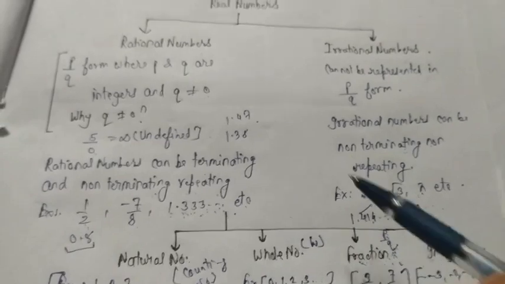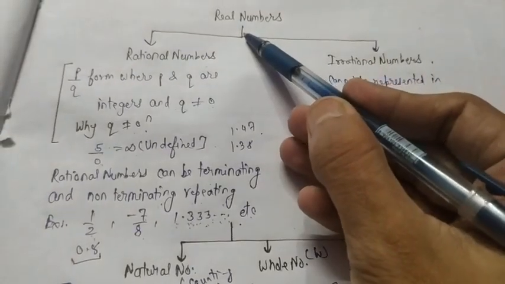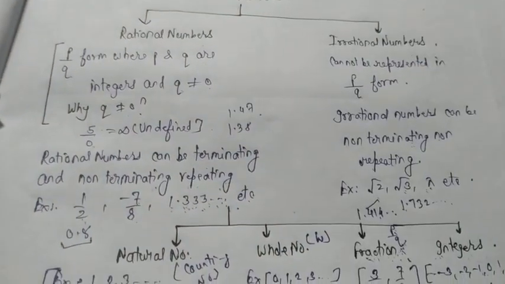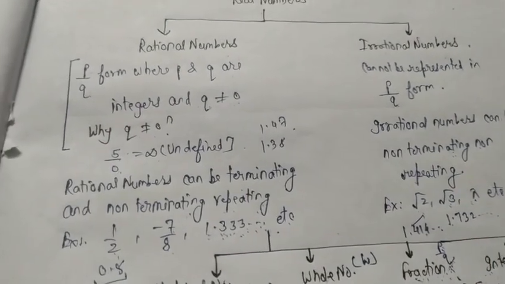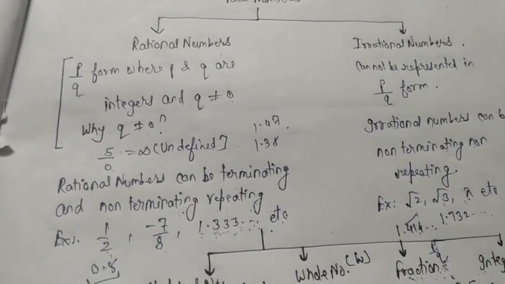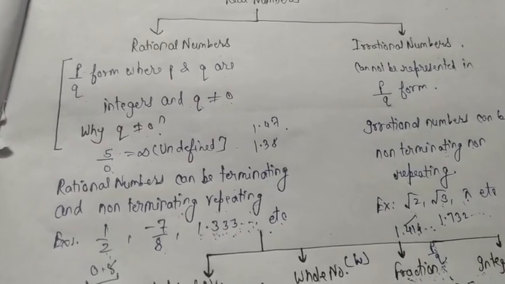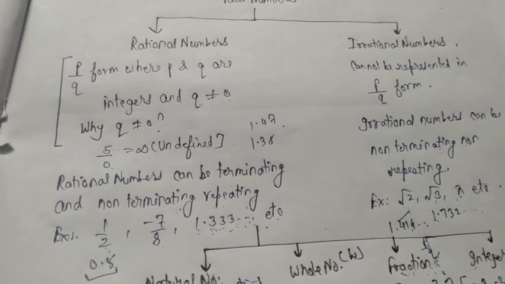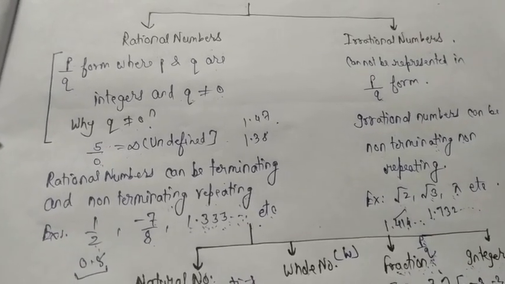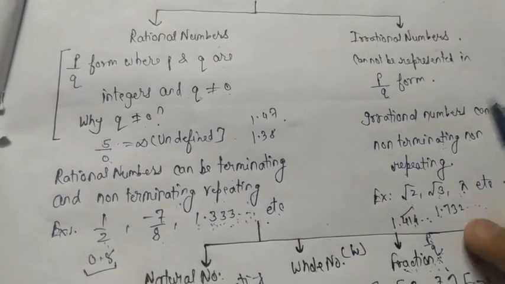All the numbers come under the concept of real numbers. So if anybody asks you whether 3 is a real number, you will say yes, 3 is a real number. If he says 3 is a natural number also, you will say yes, 3 is a natural number. Understand this concept properly.